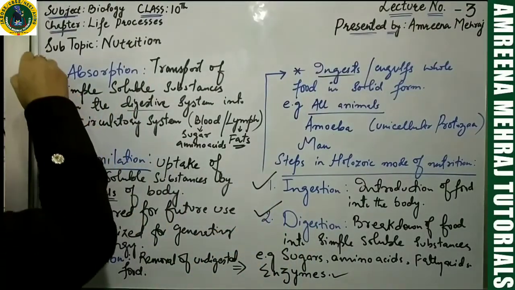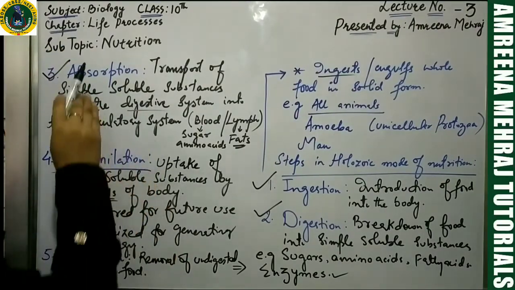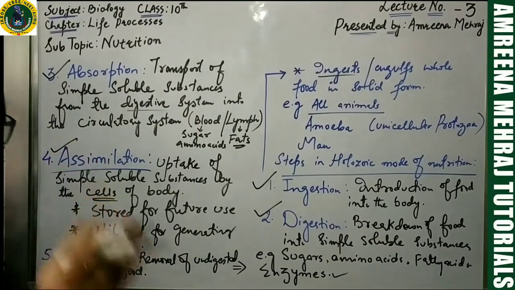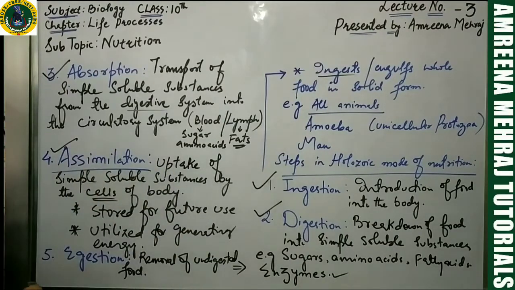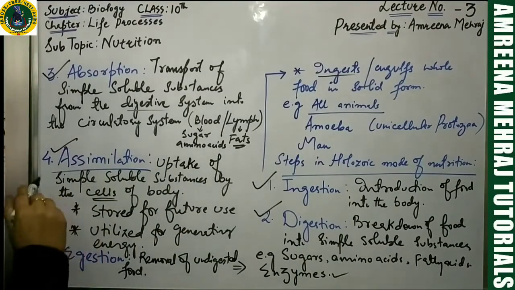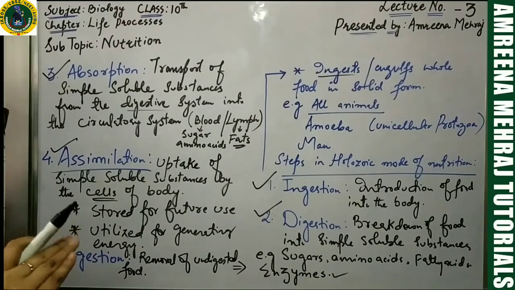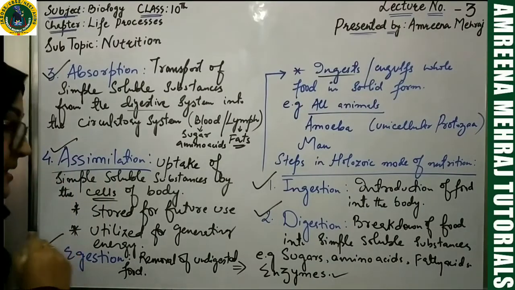Then you have to absorb those digested simple substances into the circulatory system, that is absorption. Then those nutrients are to be uptaken by the cells, whereby they are either stored or utilized. That is the step of assimilation. And last but not the least, you have to remove the undigested food from the body. That is your step of egestion.